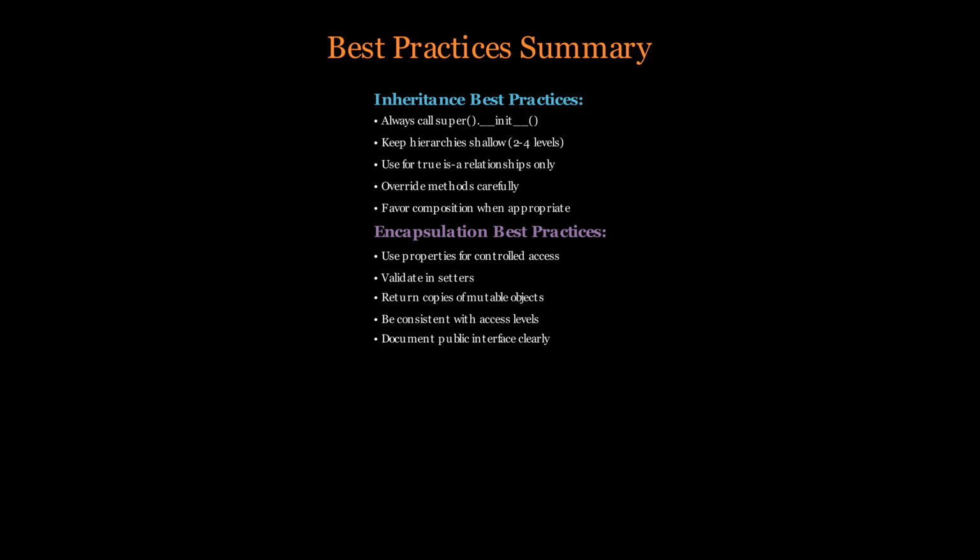Favor composition when inheritance isn't natural. For encapsulation, use properties for controlled access. Validate data in setters. Return copies of mutable objects to prevent external modifications. Be consistent with access levels across similar attributes. Document your public interface clearly so users know what's safe to use.